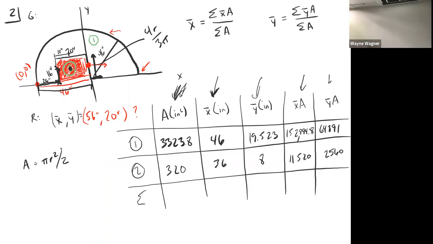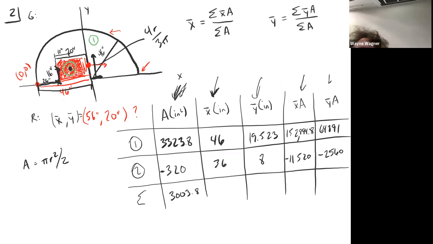All right, now before we add these, there is a weird thing going on here, which is that this needs to be a negative area because it's being removed, and this needs to be subtracted as well. Okay, so that's the key trick here: you have to subtract those things off. So our total area becomes 3323.8 minus 320 because it is a negative area. So 3003.8 is the area.